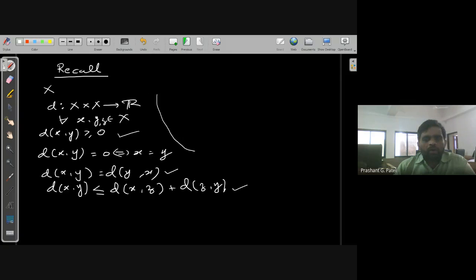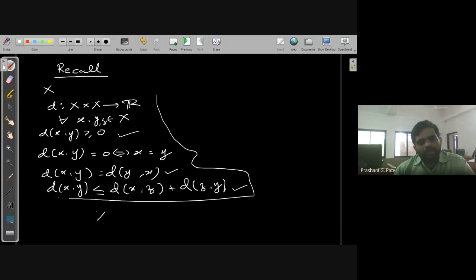And we have seen lots of examples based on this metric, and I can say that (X, d) is a metric space and d is a metric on it.